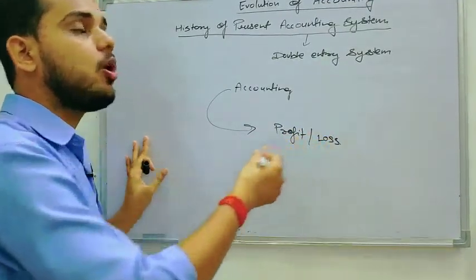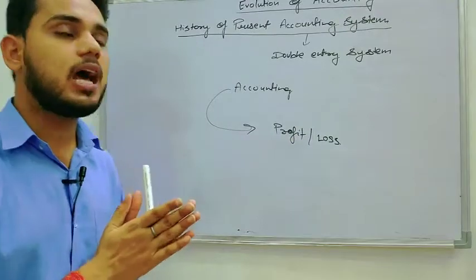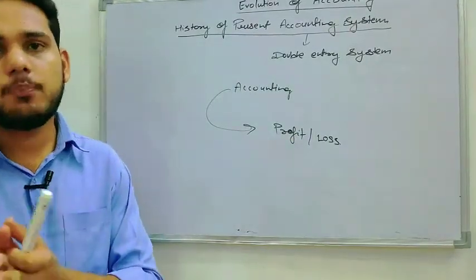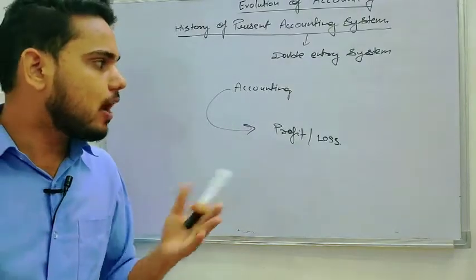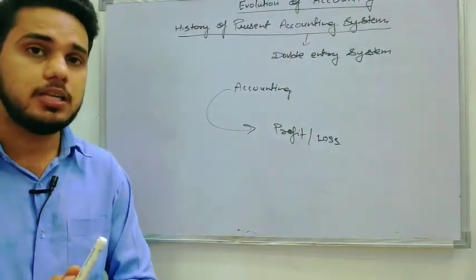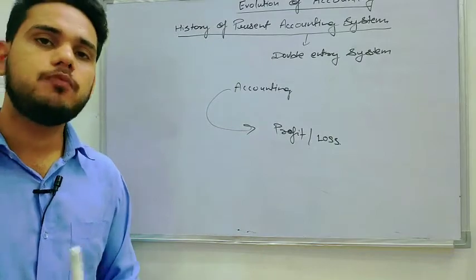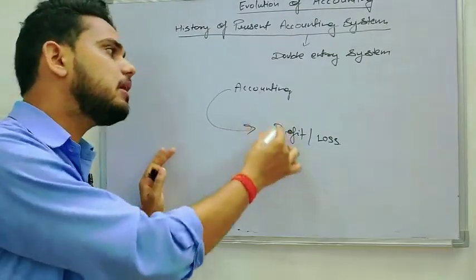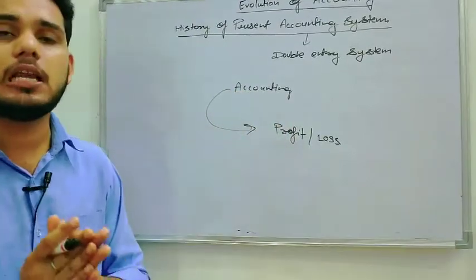Accounting follows some system, some method with the help of which we find the profit or loss of the business. Various people follow different kinds of methods for reaching this ultimate objective of knowing profit and loss.